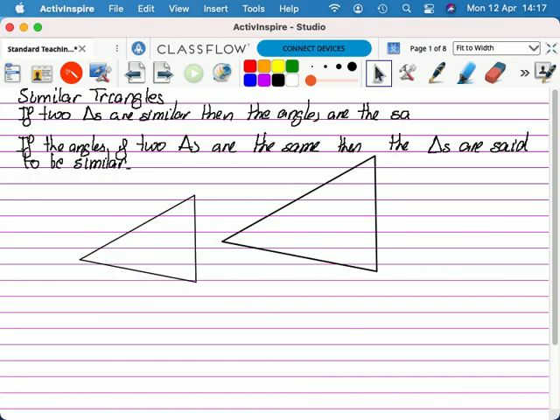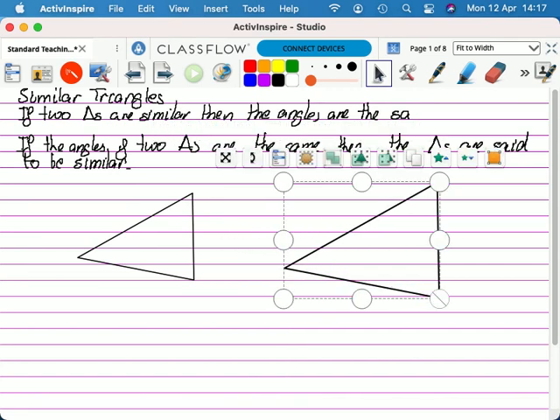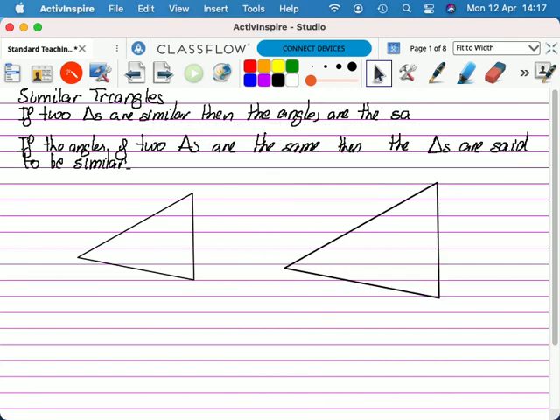Okay, so let's take these two triangles. We know that this angle here is identical to that one there because we just tested it.